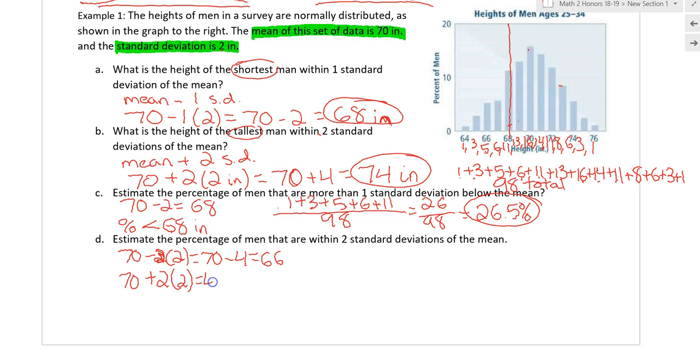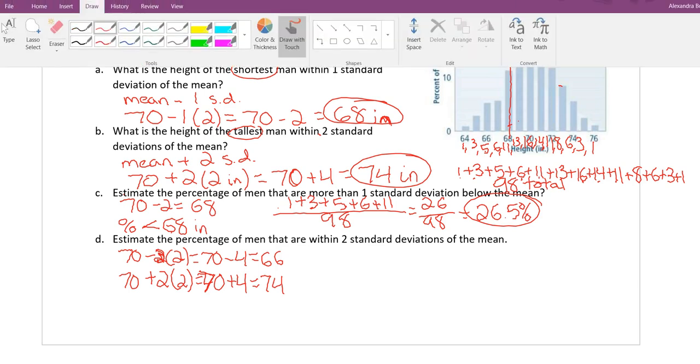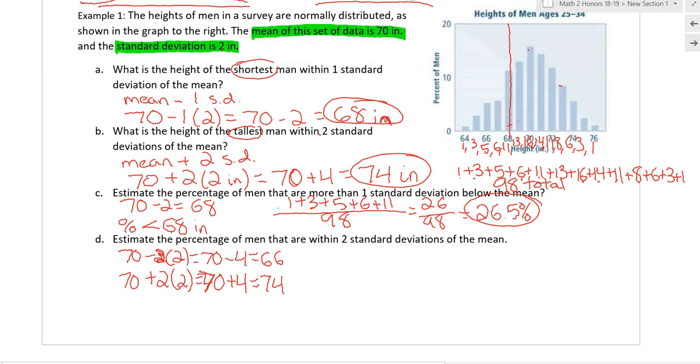All right. So those are my cutoff points. So 66 and 74. Here they're within, right?